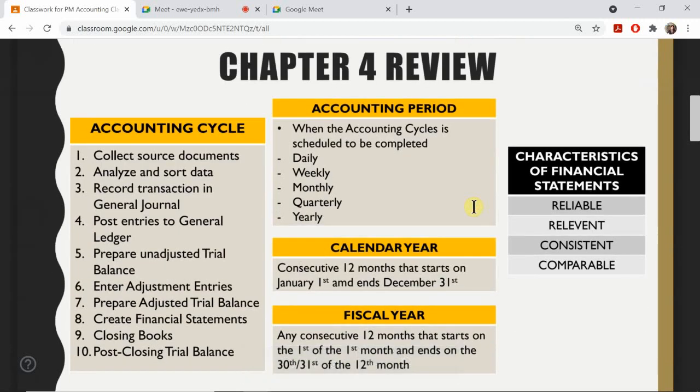And then chapter 4. Chapter 4 is a long one. It's a huge one. You will be required to know the exact order of the accounting cycle. Just knowing the steps is not enough.